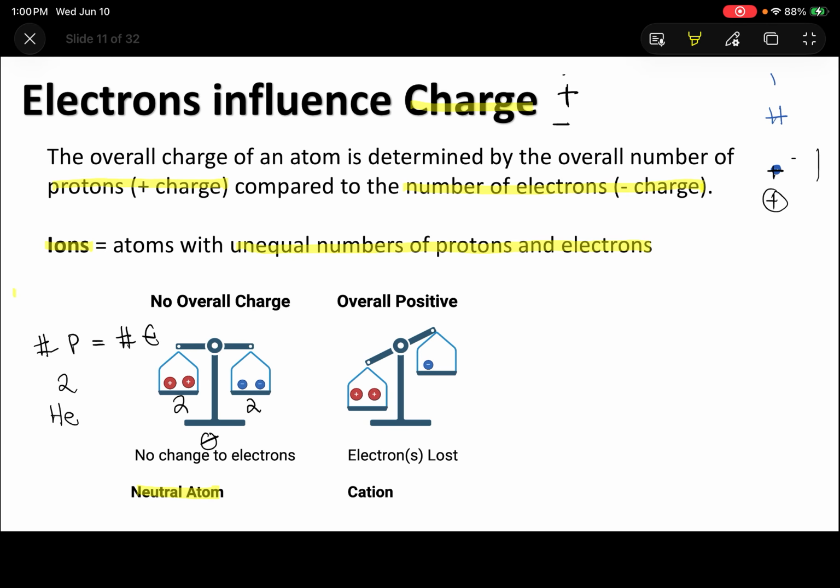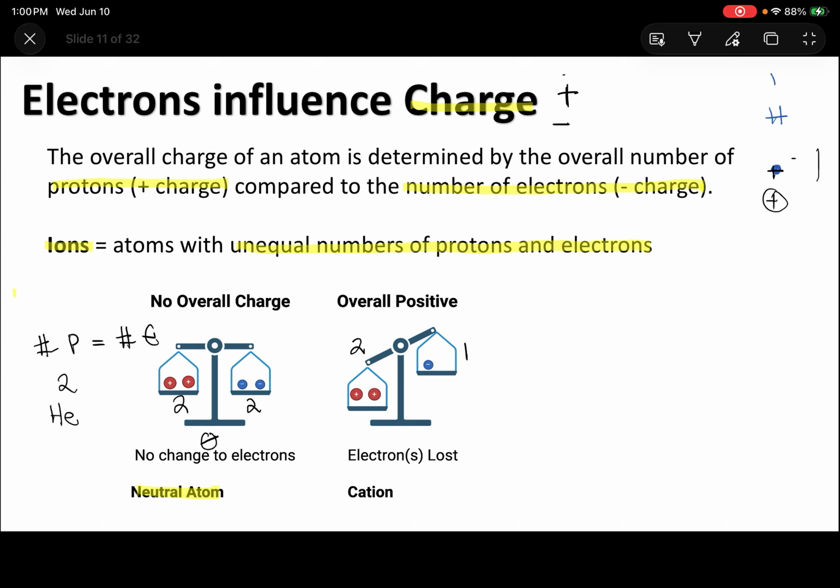However, we can upset this balance. So what happens if we lose electrons? Again, in this example, we have helium here. It has 2 protons, 1 electron. If you lose a negative, okay, this is where a lot of people get confused, if you lose a negative, you are positive. So if you lose a negative, you become more positive.